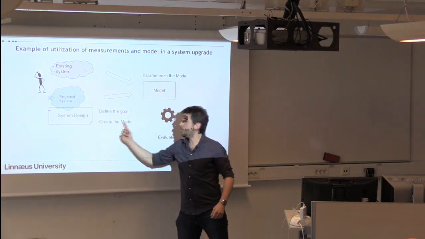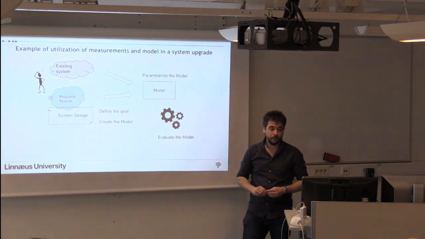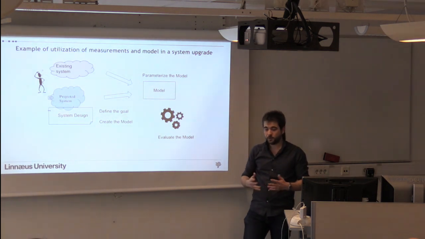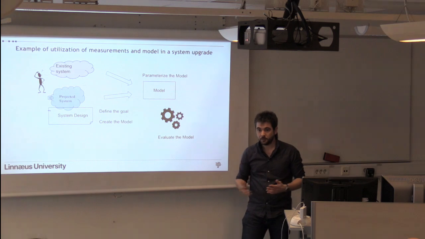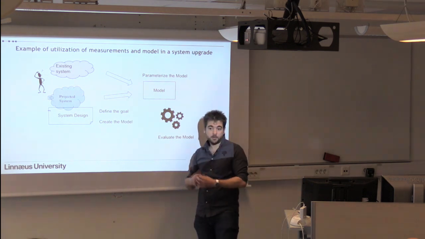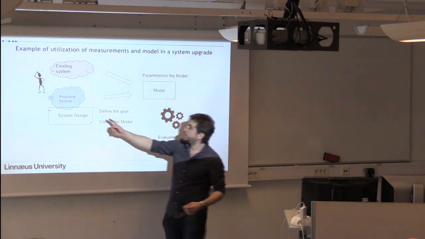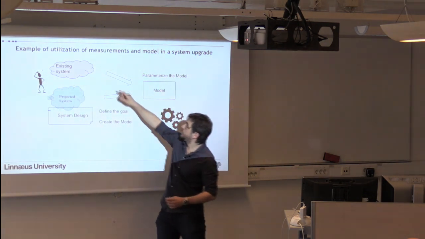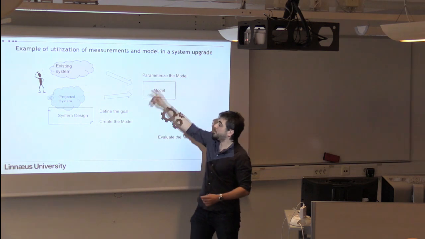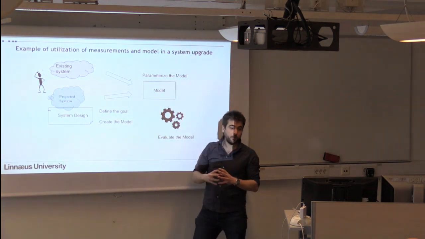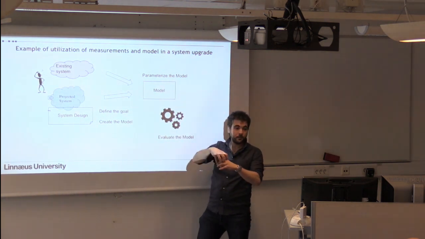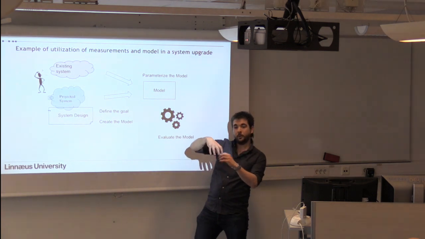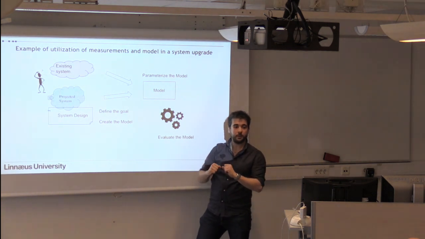we design it, and we create the model, the performance model. The performance model needs some parameters about the demand or how the system is working now. So we can observe the existing system, we measure it, we give some accurate parameters to the model we have created before, and for the remaining part, we can evaluate what we can afford.